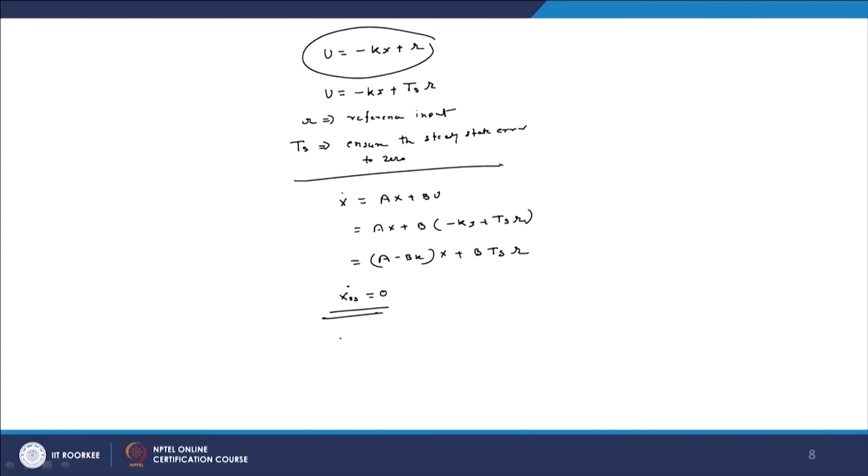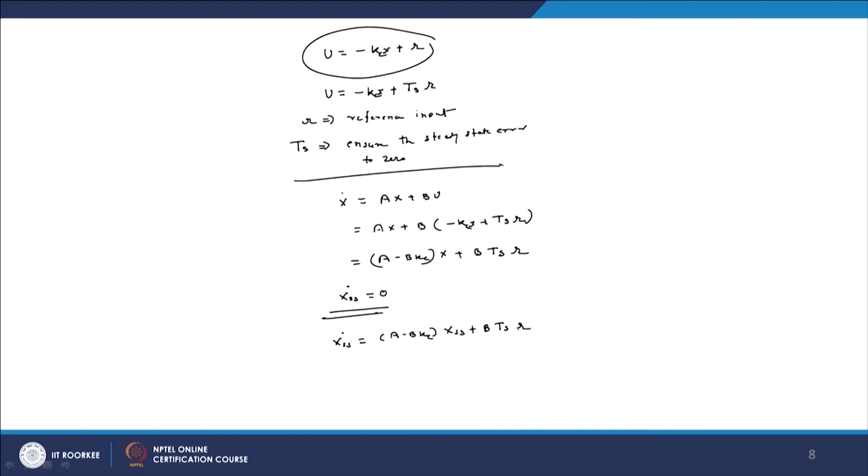Now, here we write the equation as xs dot equals A minus BKc times xss plus B into Ts into R, where the controller is Kc.